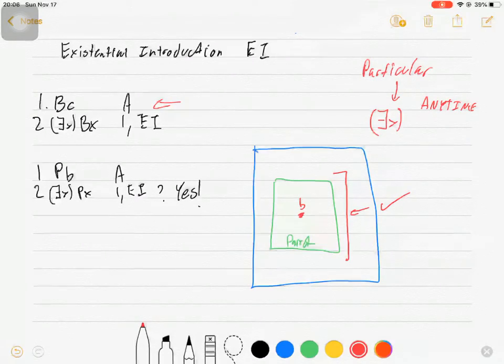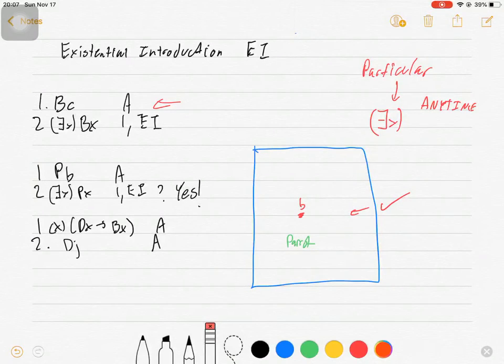Now, there's going to be some possible hiccups with this. So let's take a quick example of what happens when we have a universal and an existential introduction, or rather, a universal elimination and existential introduction. So let's say that I had, for all x, if x is a duck, then x is a bird. I also have the claim that Jumpy is a duck.